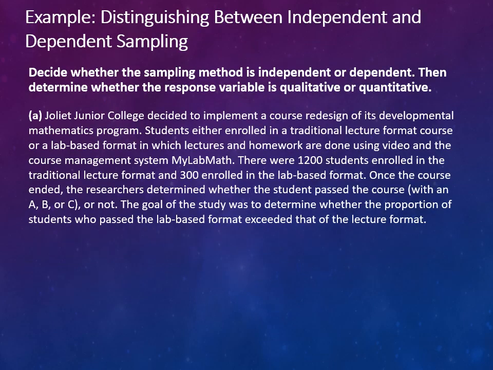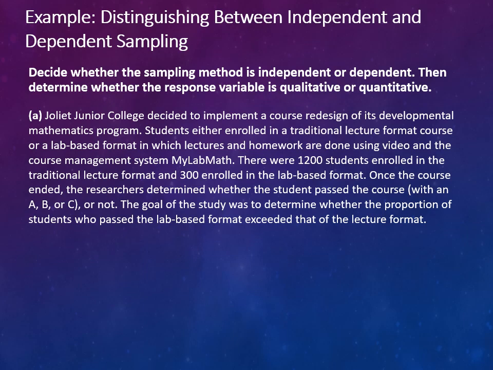So let's look at a couple examples that may help you understand this a little better. We're going to look at the examples and decide whether the method is independent or dependent, and then determine whether the response variable is qualitative or quantitative. Our first example: Joliet Junior College decided to implement a course redesign of its developmental math programs.